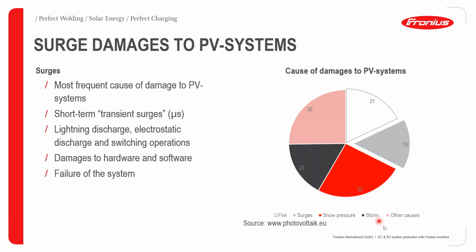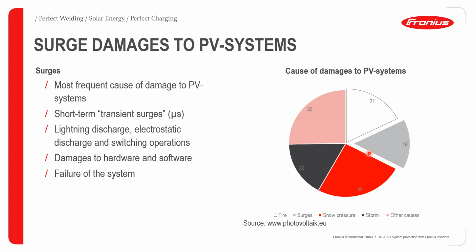Looking at this pie chart, we can see the classifications of the various causes of damage to PV systems. Around 18% of the common cases are related to these surges, which are short-term transient surges from lightning discharge, electrostatic discharge, as well as switching your appliances or systems on or off while they are still loaded.